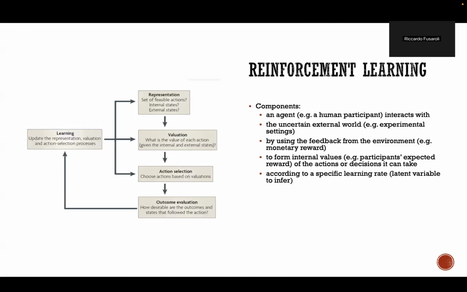And yes, a general, very algorithmic level description of the algorithm is that you have an agent which interacts with an uncertain external world, mostly in papers, in cognitive neuroscience, in decision making. It's an experimental setting, right, where we have a certain amount of possible choices.